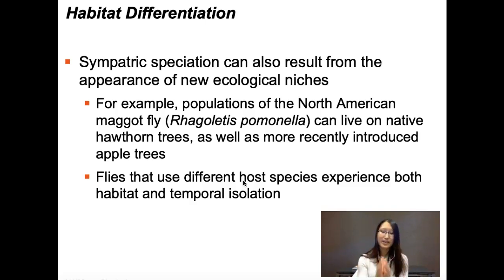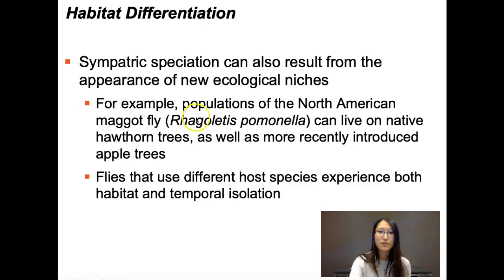The interaction between this one species and other species, between individuals within the same species, between the species and the environment, all of those are called ecological niches. So within the same area, there could be different niches that arise.